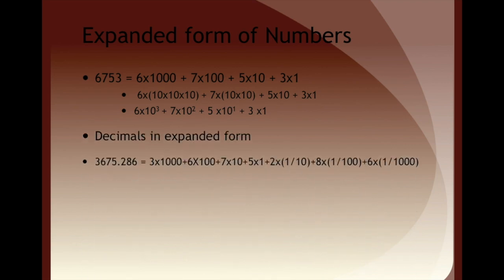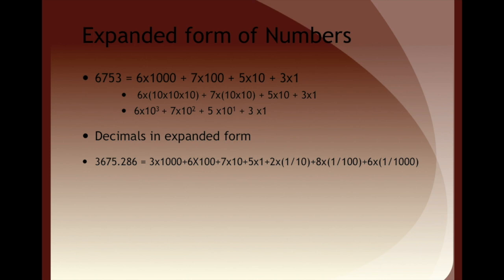So we have written an integer in expanded form. Now suppose we want to write a decimal number in expanded form. In this particular case, 3675.286. So 3 into 1000, 6 into 100, 7 into 10, and 5 into 1.